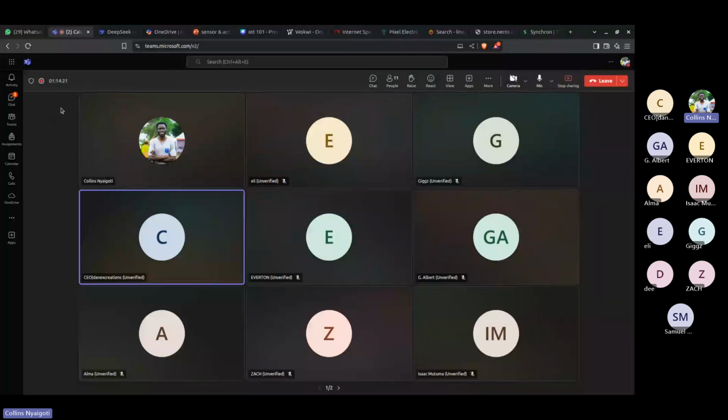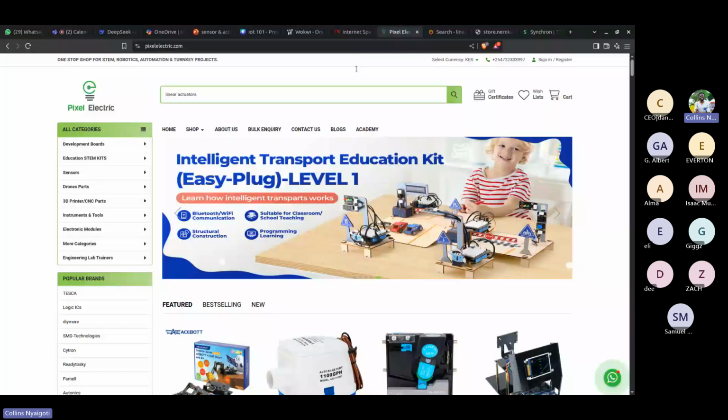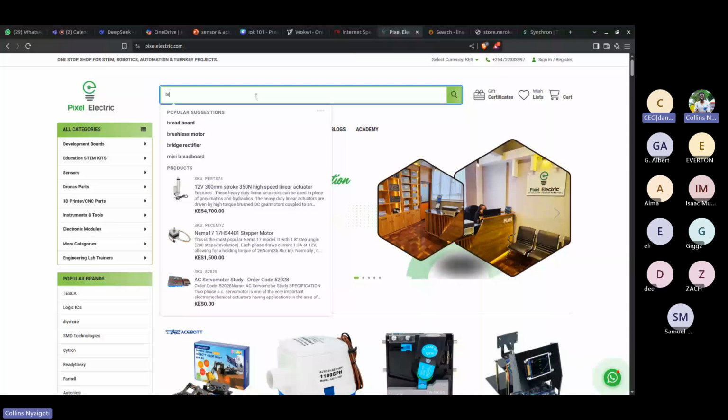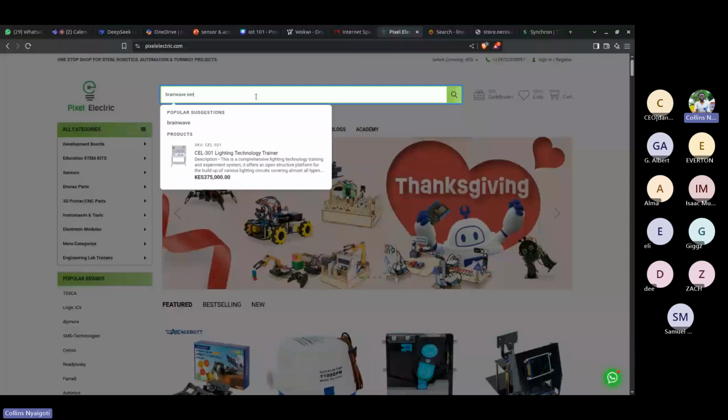Do you have the brainwave sensor? Actually, I'm working on the material, making the chips. Personally, I'll admit this is the first time I'm hearing about a brainwave sensor.